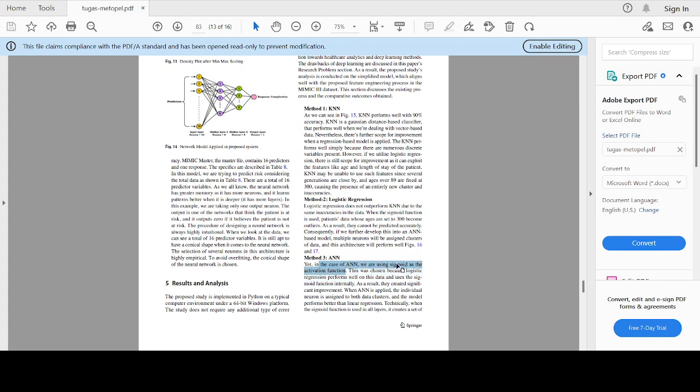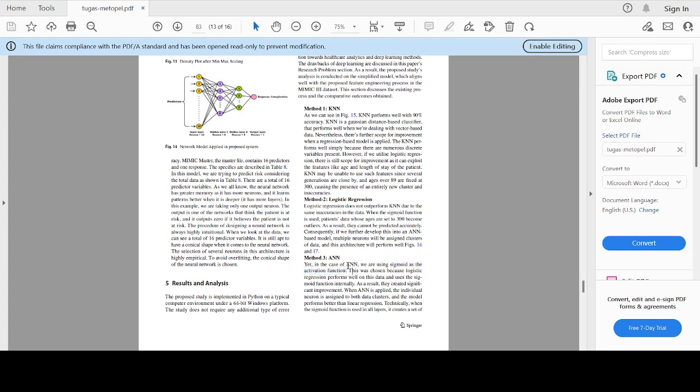Activation function of ANN. Sigmoid, I think, is because the targeted data is 1 and 0, that's why it's sigmoid, if I still remember.